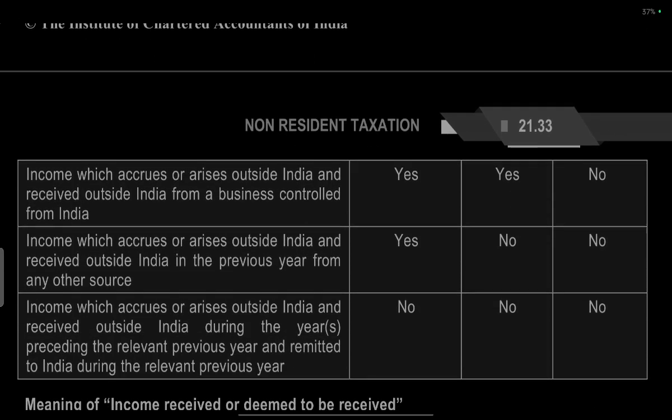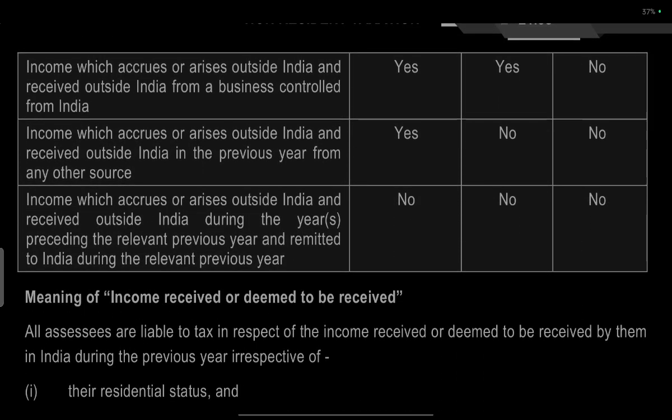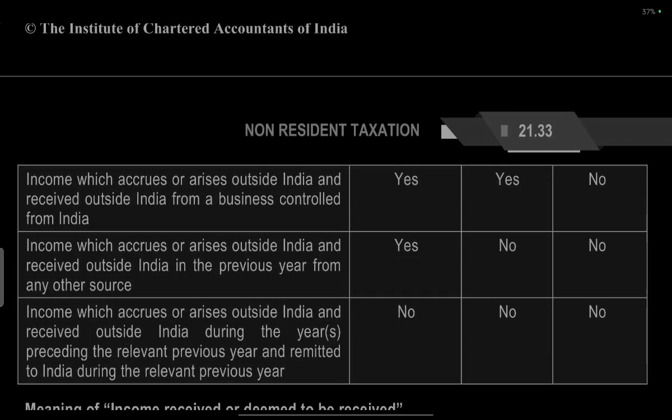Income which accrues or arises outside India and is received outside India, from a business controlled in or from India, is taxable for a resident and a not-ordinarily-resident, but not for a non-resident. Income which accrues or arises outside India and is received outside India in the previous year from other sources will not be taxable for a resident but not ordinarily resident. If he is a resident and ordinarily resident, he is taxable.